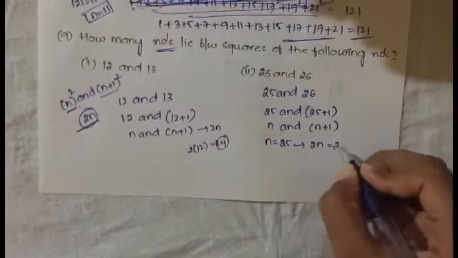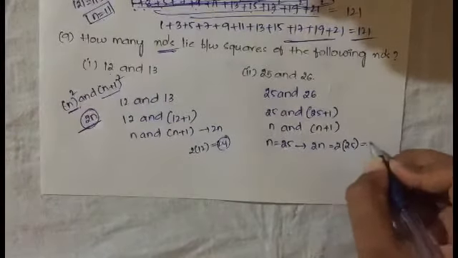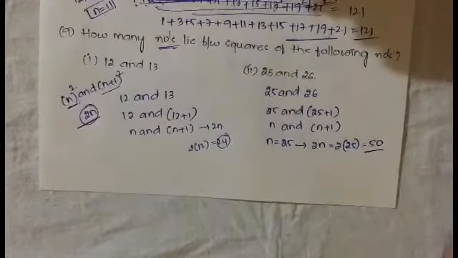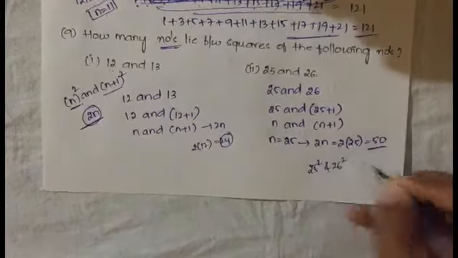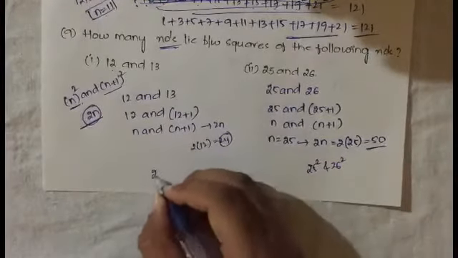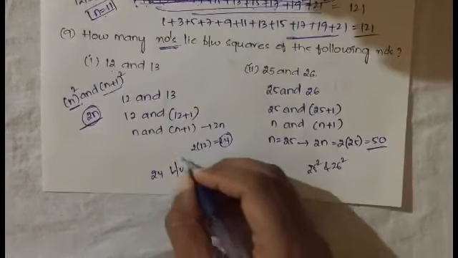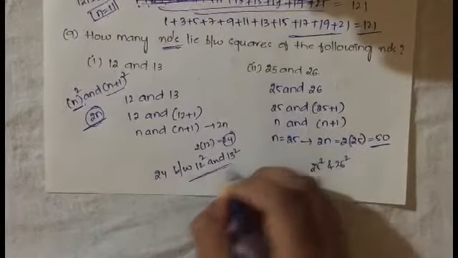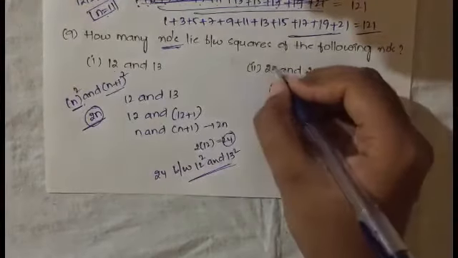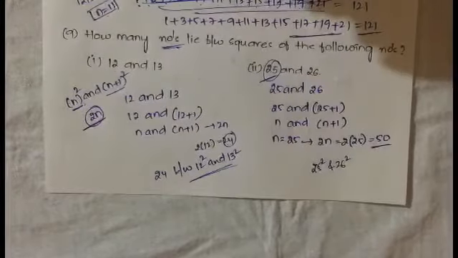So 2n will be equal to 2 into 25, that is equal to 50. There will be 50 numbers between 25 square and 26 square, and 24 numbers between 12 square and 13 square. Clear? Nothing. You have to multiply with 2.